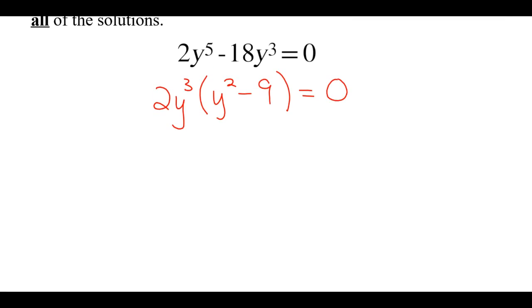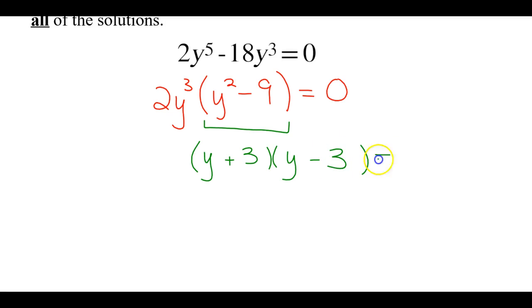And now, we call this a difference of 2 perfect squares. So one's plus, one's minus. What times what is y squared? y times y, and then what times what is 9? 3.